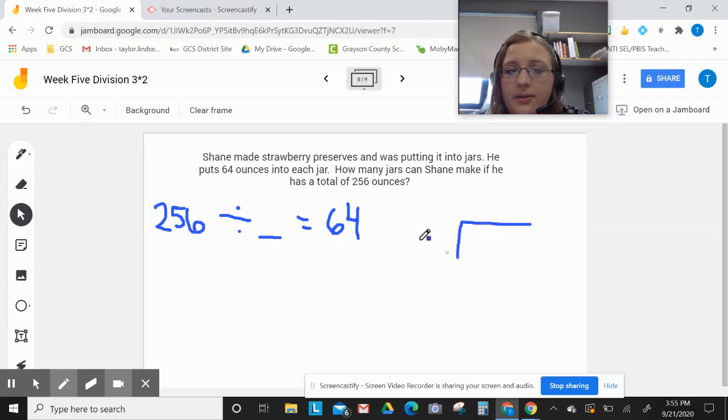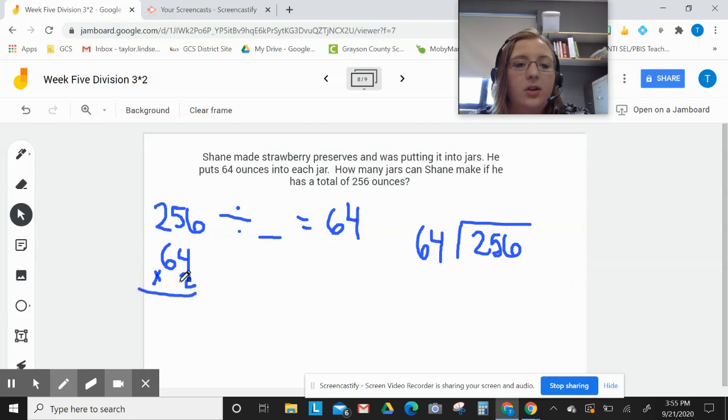So I can write it as 256 divided by 64. Since I don't know my 64 facts, I may go to the side and start adding. So 64 times 2, we can see if that gets us close enough. 4 times 2 is 8. 2 times 6 is 12.